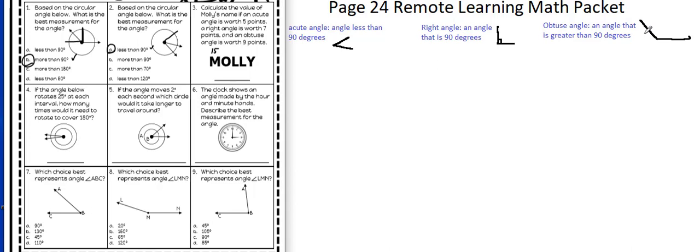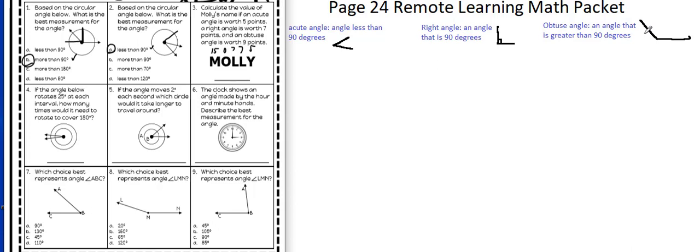The O, there are no angles. So that would be worth 0. The L, it has a right angle. So that's worth 7. Has another right angle. So that's worth 7. And now let's look at the Y. The Y right here, it has an acute angle. An acute angle is worth 5, and it has an obtuse angle on each side.